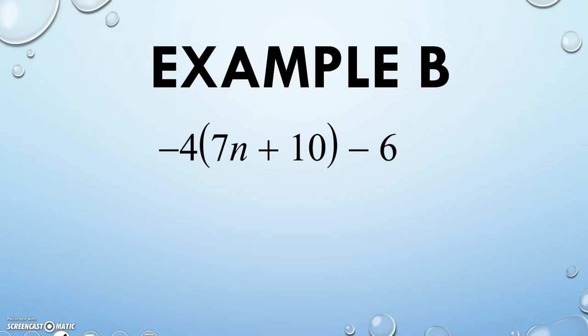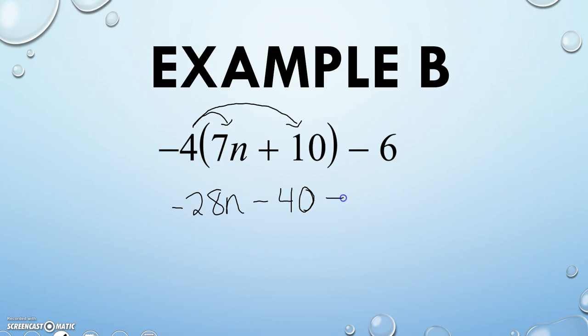Okay. So this one, we have a number outside of parentheses, so we're going to distribute, and then we also have a minus 6. So let's see what this looks like. We're going to distribute the negative 4 to the 7n and the negative 4 to the 10. Negative 4 times 7n is negative 28n, and negative 4 times 10 is negative 40. Now, I do not distribute to that negative 6 because it's not inside the parentheses.